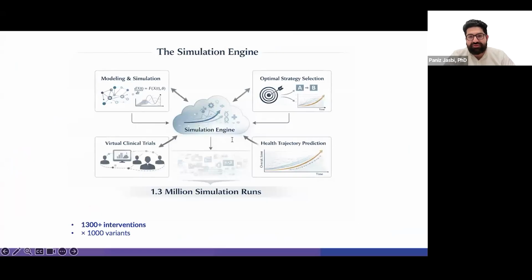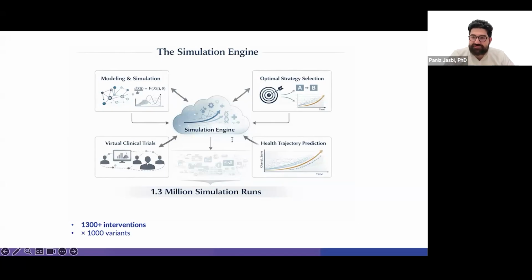From there, we run the core engine, simulation at scale. We maintain a curated database of over 1,300 interventions spanning diet strategies, lifestyle changes, supplements, training modalities, and health optimization tools. Then we simulate each intervention not as a single fixed action, but across realistic variations, such as differences in adherence, sequencing, intensity, and combinations with other changes.